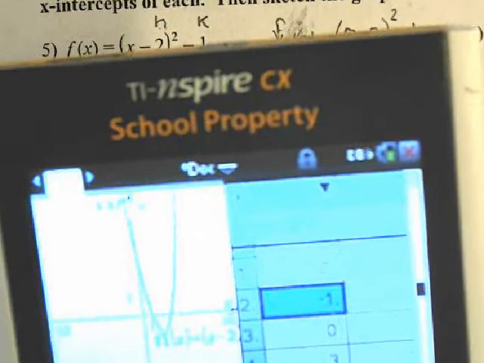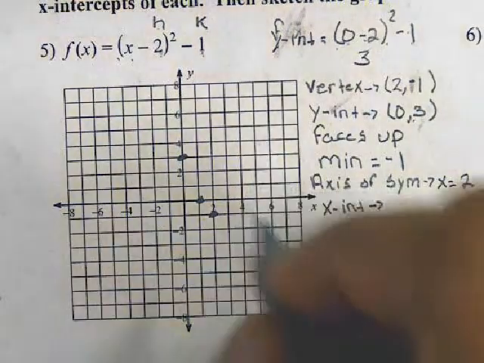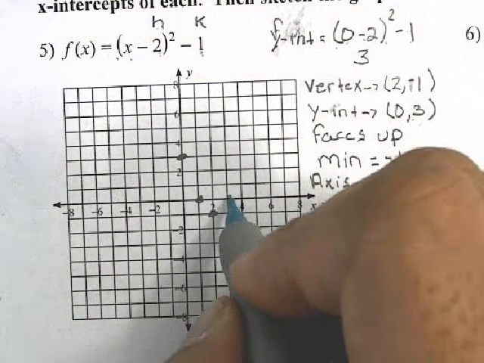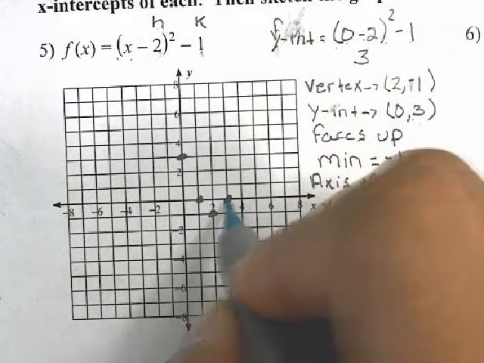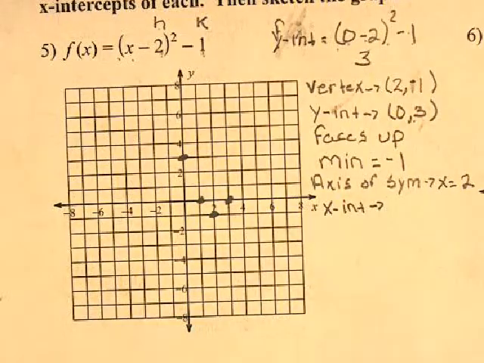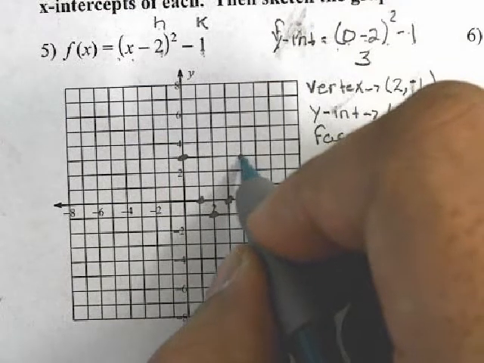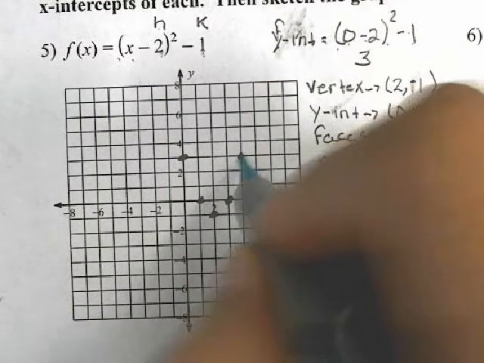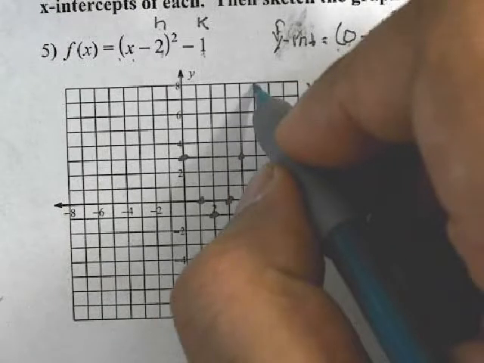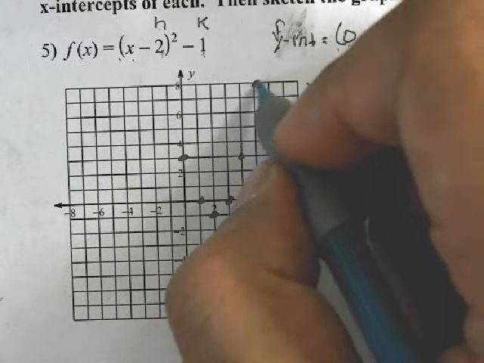Then (3, 0). Plot that point. And we have (4, 3), and we have (5, 8). Those are all the points we can plot that way.